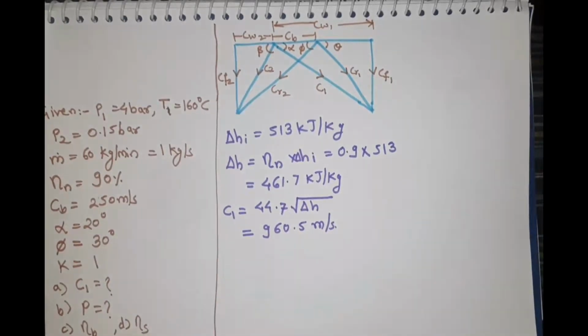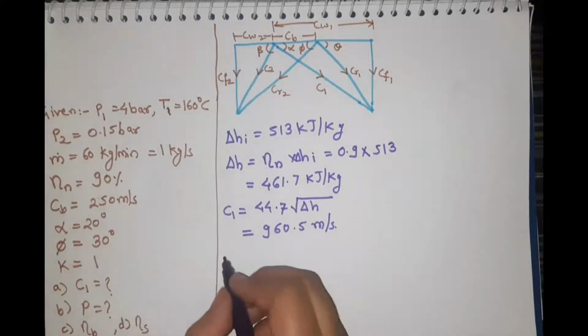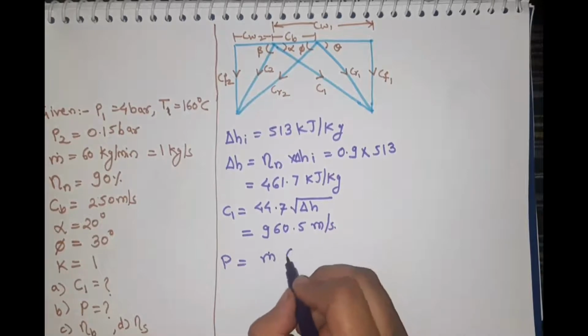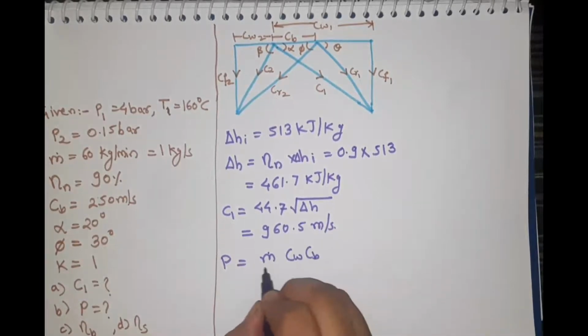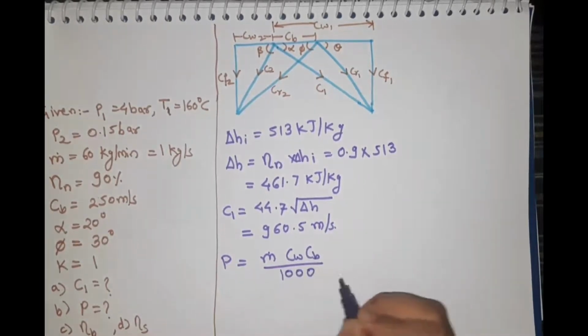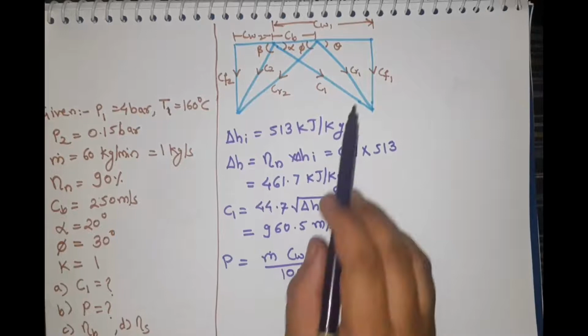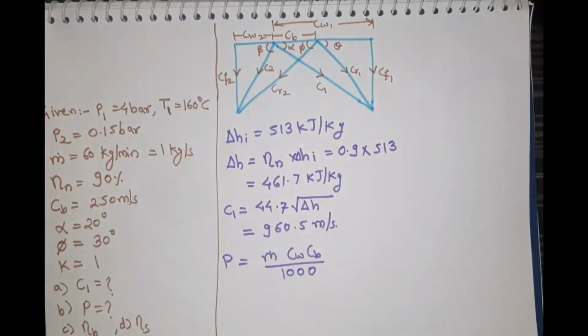Now next one is to find the power. Power is equal to m dot CW CB upon 1000. M dot is known to us, CB is also given to us. So the question is to find the CW. Now for CW, we can use this velocity triangle and solve it by trigonometry also.